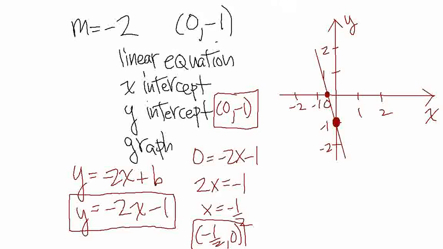Now I'd like to talk about parallel and perpendicular lines. So let's think about what it means for lines to be parallel. When lines are parallel, they're with respect to the same direction, right?